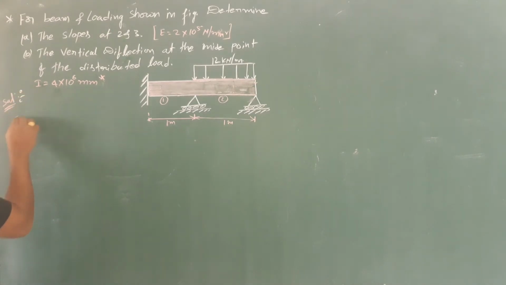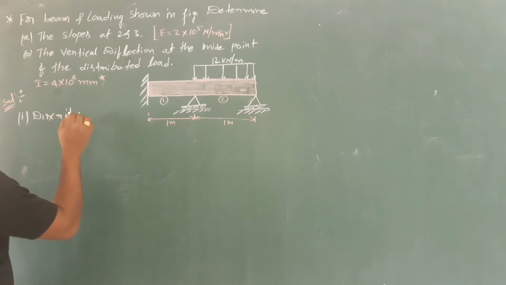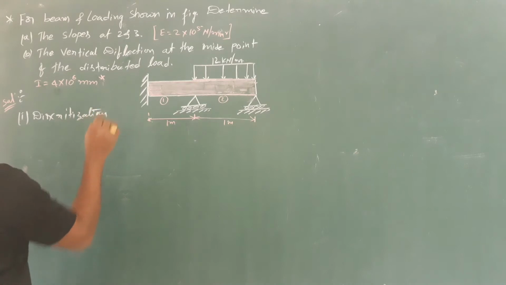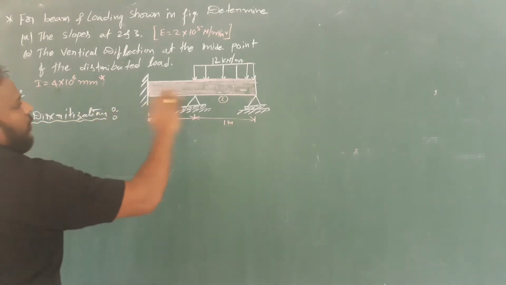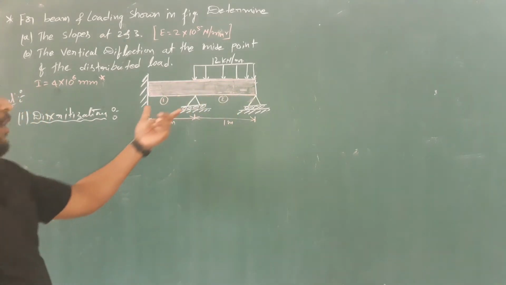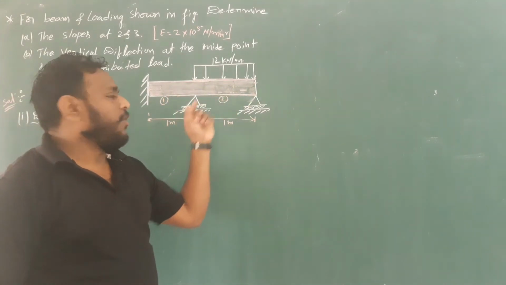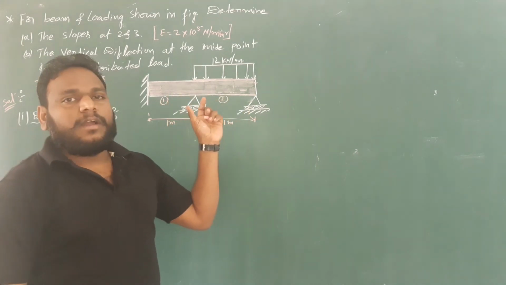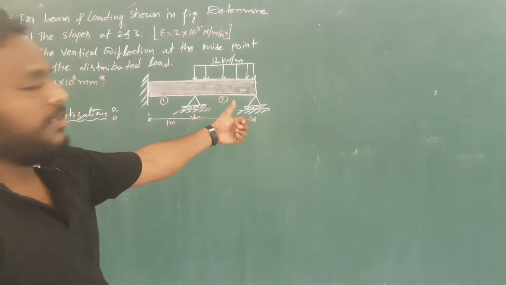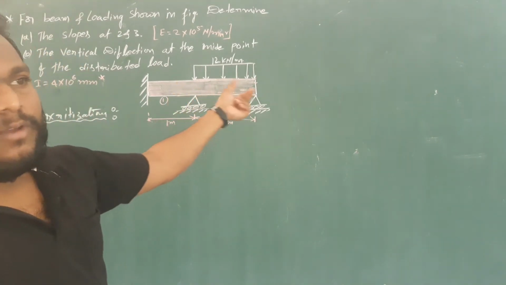So the first step is to discretize the total element. Discretization means divide the given element, this entire system, into number of nodes and number of elements.